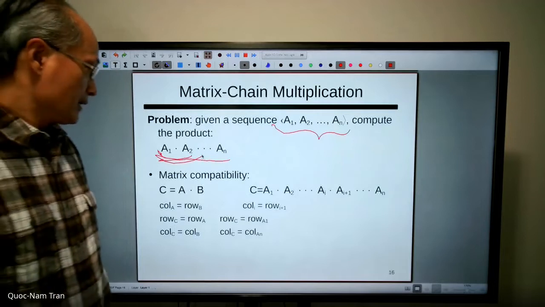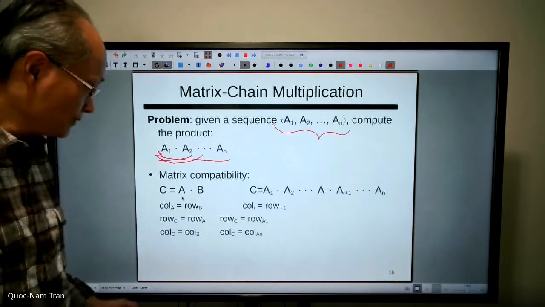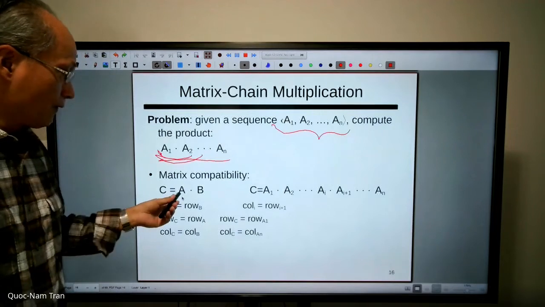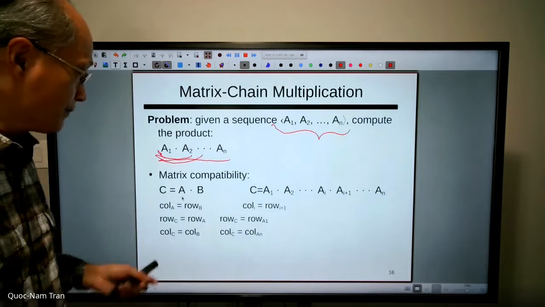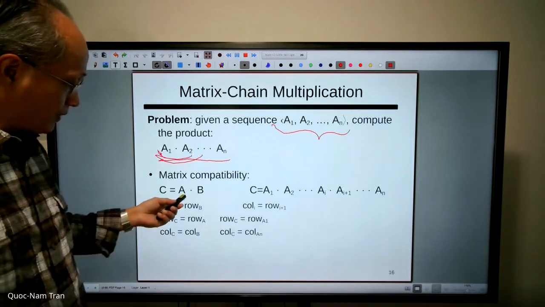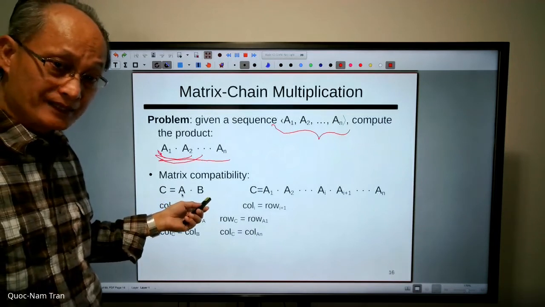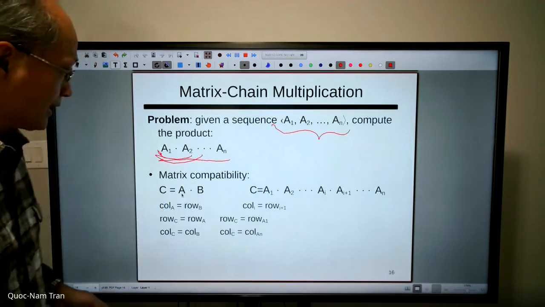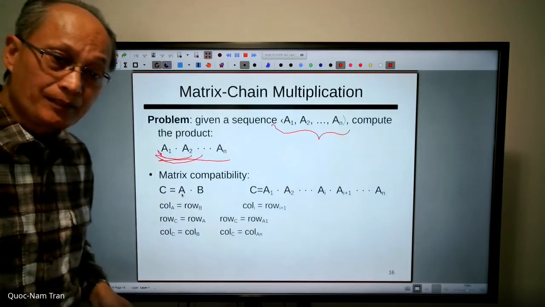By the way, you have two matrices, A and B, each with a number of rows and columns. In order to multiply them, A and B have to be compatible, meaning the number of columns of A has to be the same as the number of rows of B. That's why we can multiply them.